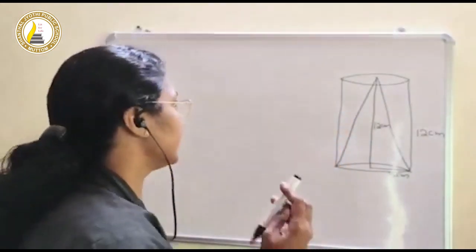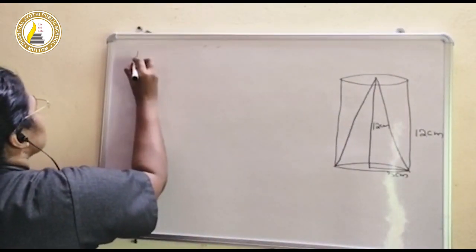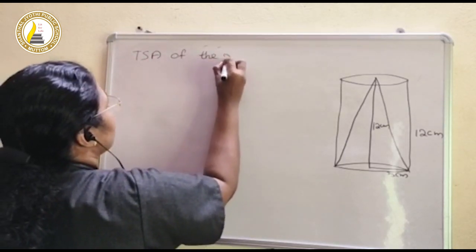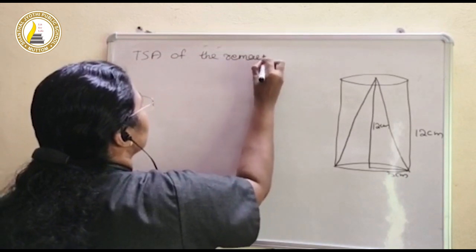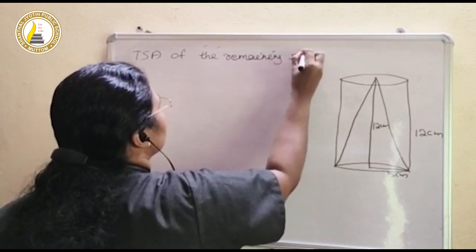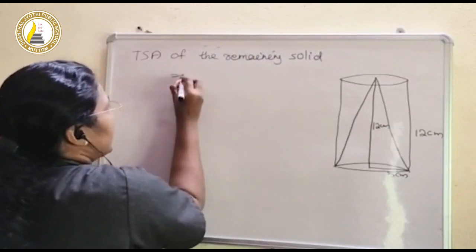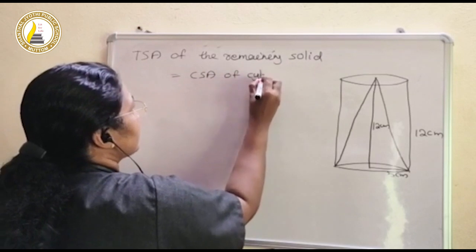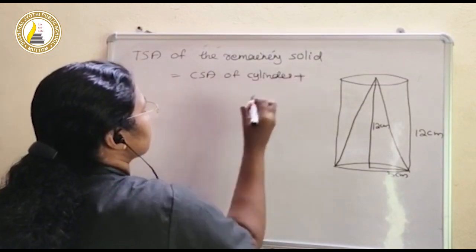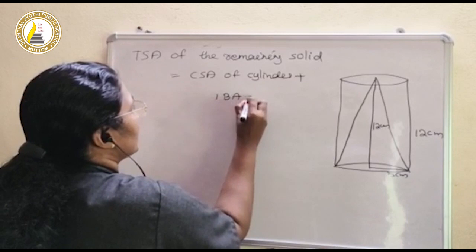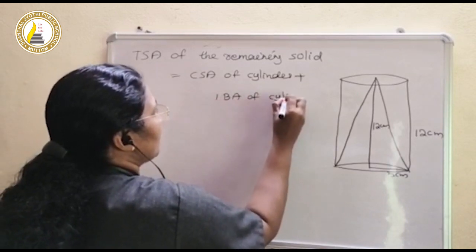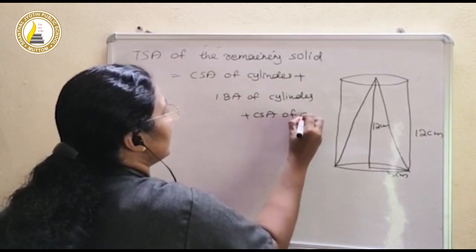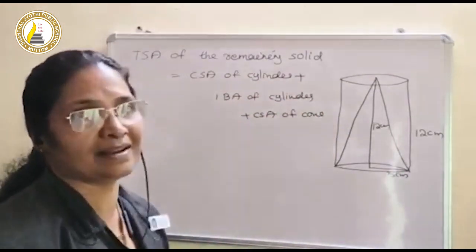So, the total surface area of the remaining solid is equal to: 3 faces are there. Curved surface area of the cylinder, plus 1 base area of the cylinder, the top base only, plus the curved surface area of the cone, that also will remain.